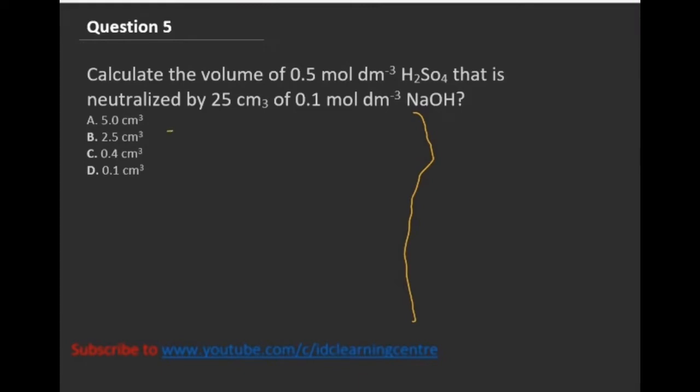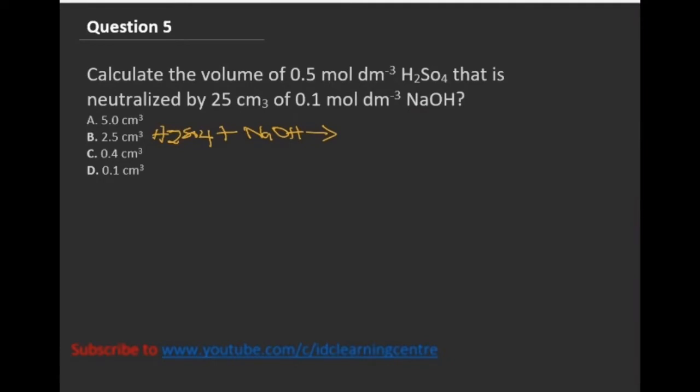So we write the formula H2SO4 plus NaOH. So our product would be, okay, let me clean this for sake of space.